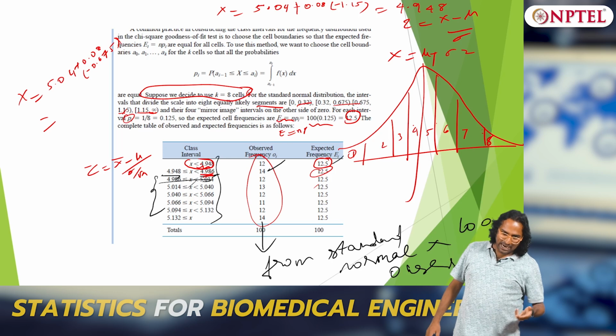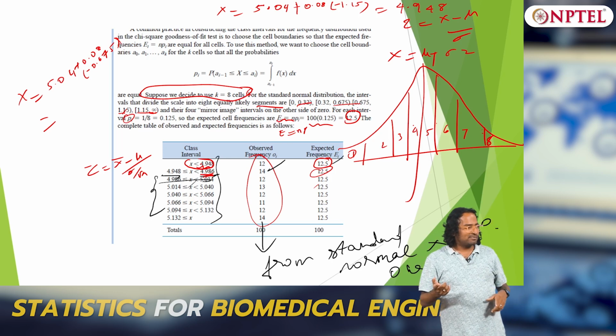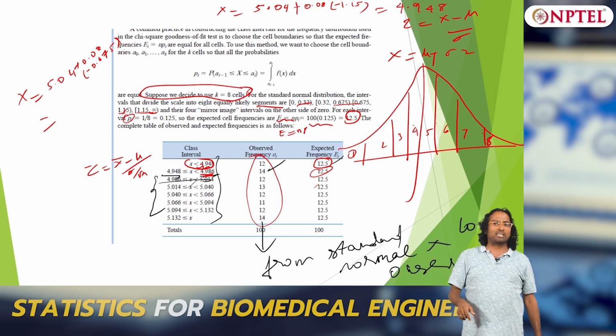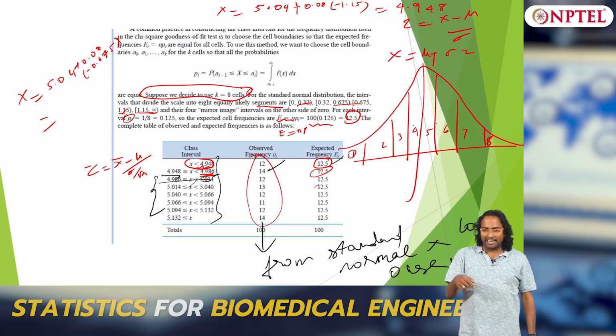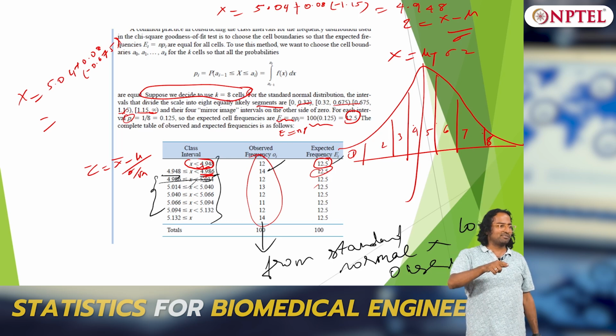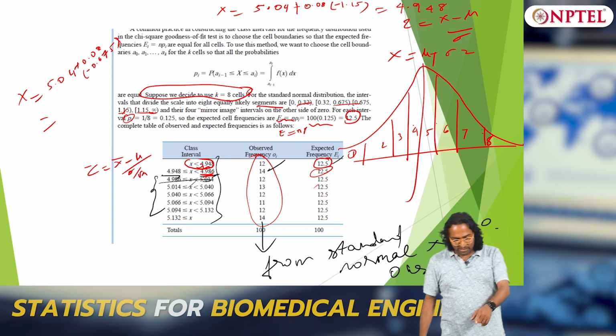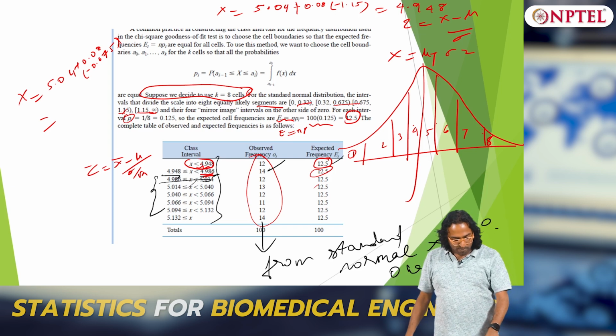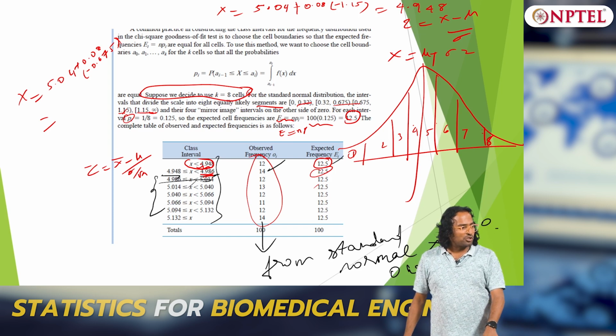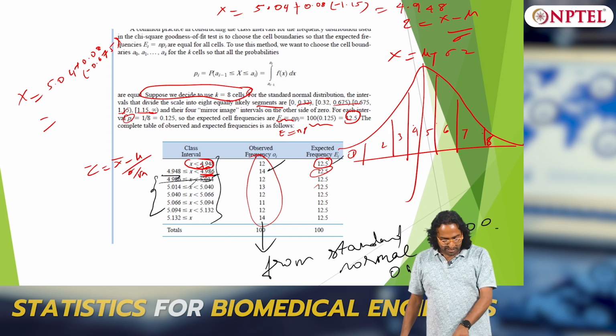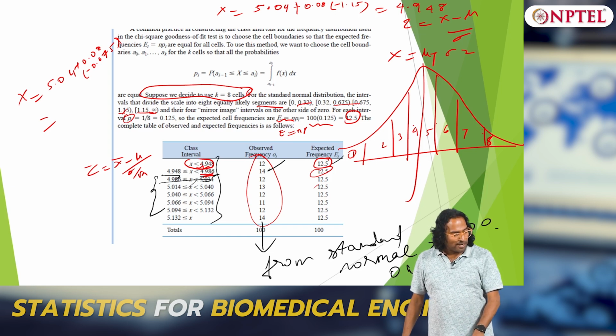But you cannot integrate it, that is the catch, that is why this problem is slightly complex. So you have to make it into a standard normal. So your standard normal probability of 1.15 corresponds to an x value of 4.948. Standard normal 0.675 corresponds to an x value of 4.986.